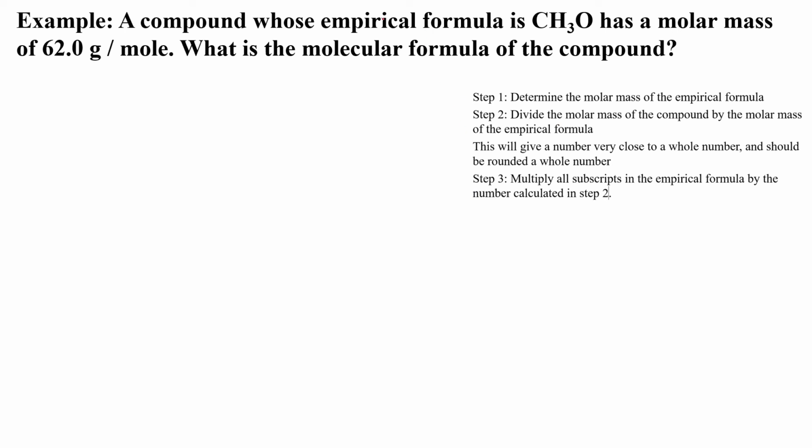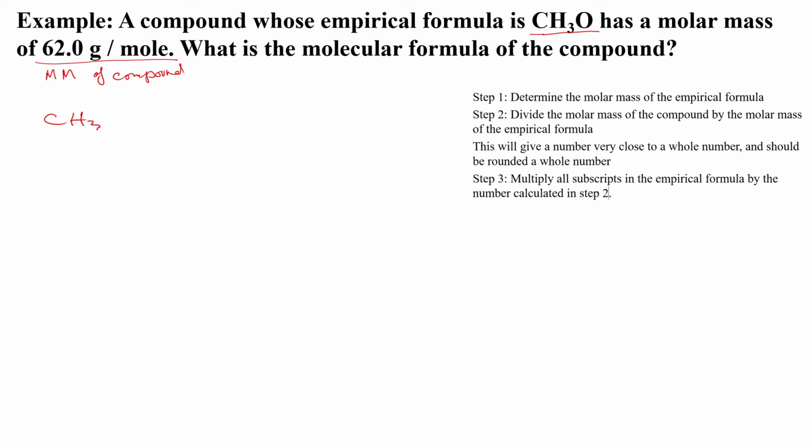Here we have a compound whose empirical formula is this. It has a molar mass of 62.0 grams. So this is the molar mass of the compound. The empirical formula is given. You have to find the molar mass of the empirical formula.